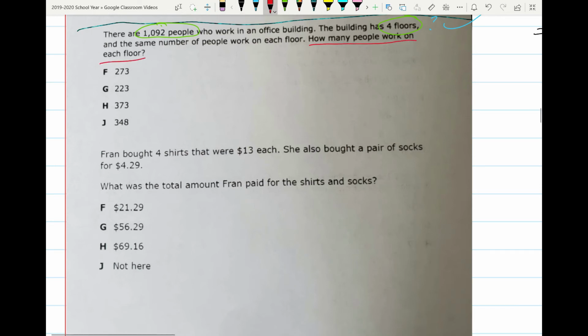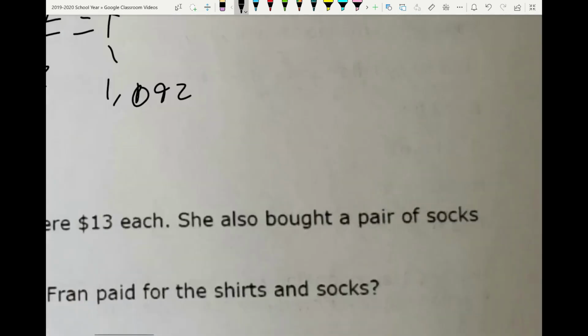If I do my G times my E equals T, do I know my total? Yes, which is 1,092. Do I know my each? No. Do I know my groups? Yes, 4 floors. So if I know my G and my T, what do I need to do? I need to divide.